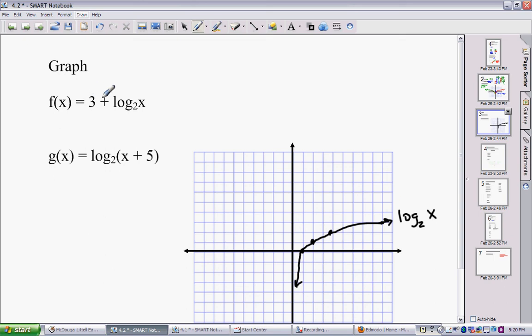But now we're adding 3 to it. Adding 3 is a vertical shift up. So we are going to shift up 3 spots. So we're taking all of these and moving them up 3.